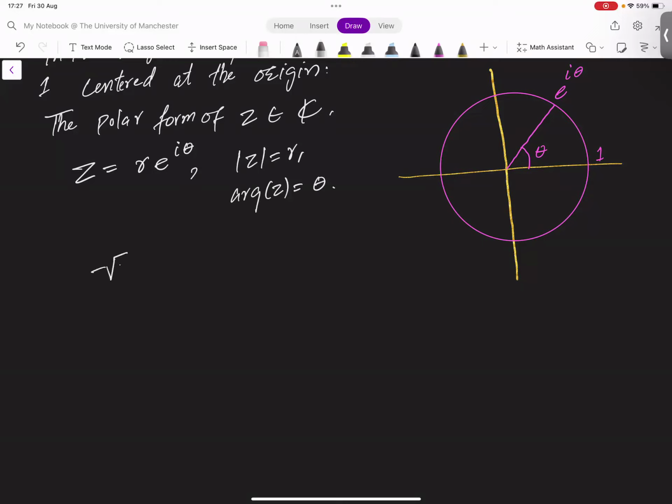For example, -√3 + i in this notation is 2e^{5πi/6}.